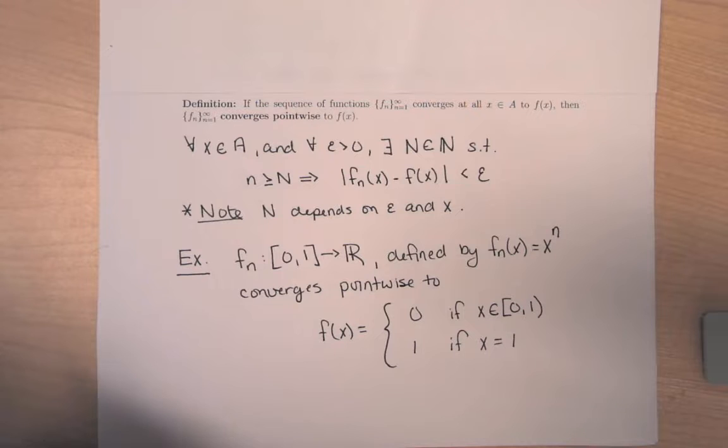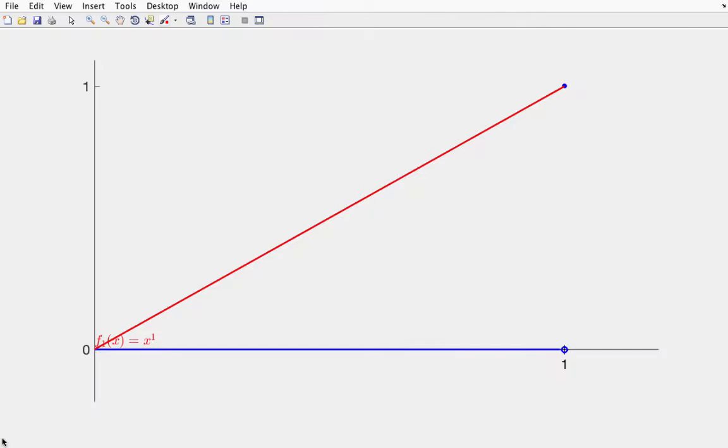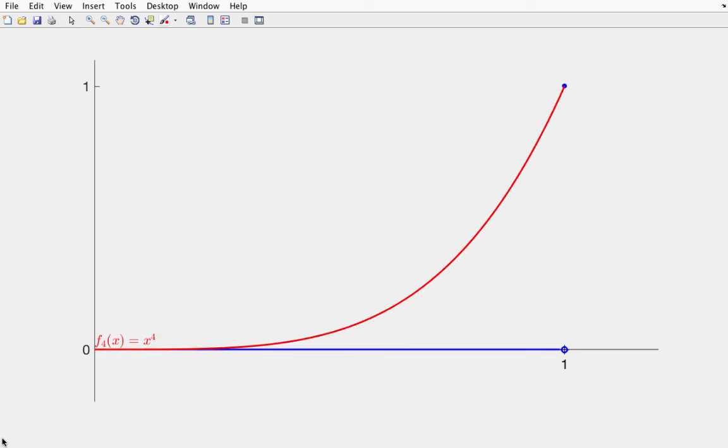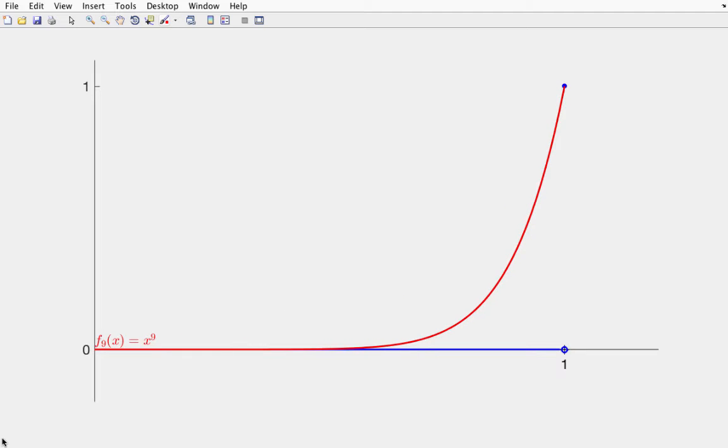So let's take a look at what these functions look like. Let's take a look at that sequence of functions. I claim that x to the n, and we see illustrated x to the 1, the first function in the sequence, converges pointwise to the function that is 0 from 0 to every number strictly less than 1, and 1 at 1. So we can see that as n increases, the function does grow increasingly close to the blue function.